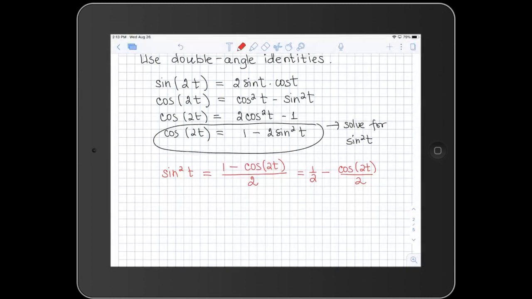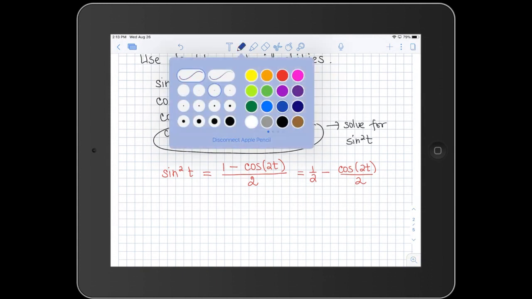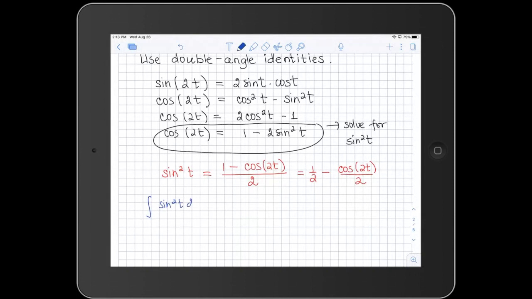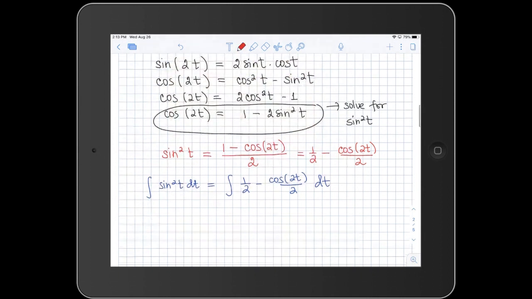Okay, so sine squared of t is this. So now what you can do is say the integral of sine squared of t dt is equal to the integral of 1/2 minus cosine of 2t over 2 dt. And that's easy to integrate, right? Now you got rid of that power. Same thing for cosine squared of t.